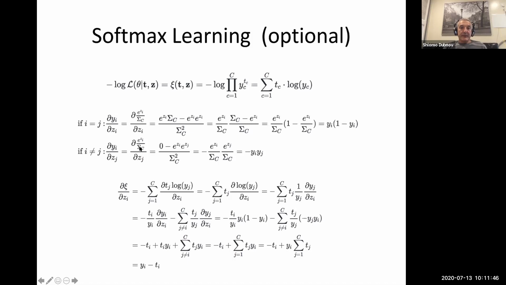If we use these two equations and plug this into the derivative, we come up with this learning algorithm. Why is it interesting? Because what it tells you is that it tries to bring the y's, the outputs, close to the target. If y is bigger than t, you'll have a positive change. If y is smaller than t, you'll have a negative change.